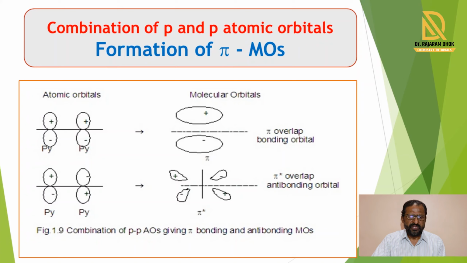When both atomic orbitals py and py have the same wave functions, then there is combination. So one p orbital's lobe is above the axis and the other p orbital's lobe is below the axis, and so in the formation of the molecular orbital, one lobe is formed above the axis and the other is formed below the axis. Such a bond is different from the sigma bond, and this is denoted by pi.